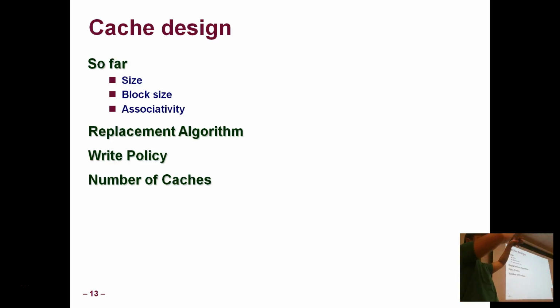If you can fit everything in that cache and you're looping around through that data, then that allows you to take advantage of temporal locality. The block size takes advantage of spatial locality. So when I bring a block in, I can hit on the rest of the bytes in that block. The associativity reduces the conflict misses in your cache so that you don't get these pathological access patterns that cause your cache to perform poorly.